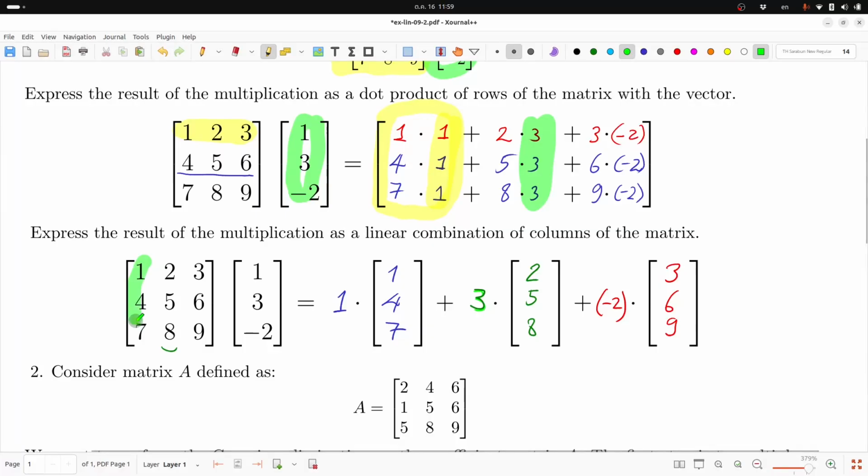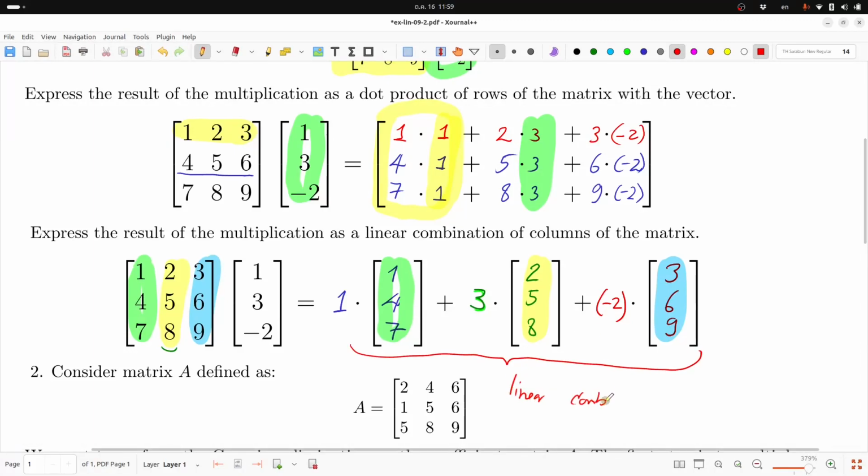You have these columns, these columns, and also these columns. And this is a linear combination of the columns of the matrix. Two ways to look at them, row wise or column wise.